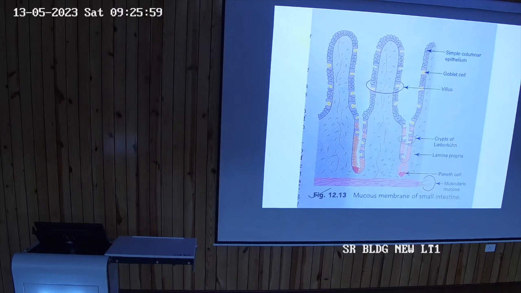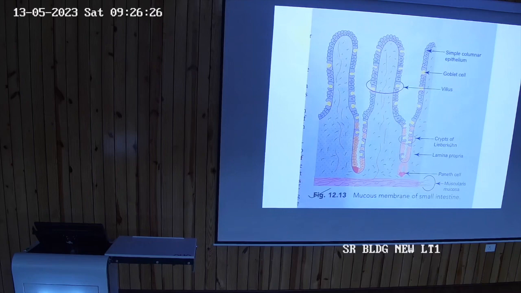Now look, the invagination inside the lamina propria, that is this part. These are the crypts of Lieberkühn. In the crypts of Lieberkühn there are a number of other cells present besides the goblet cells and columnar cells, shown in other colors.